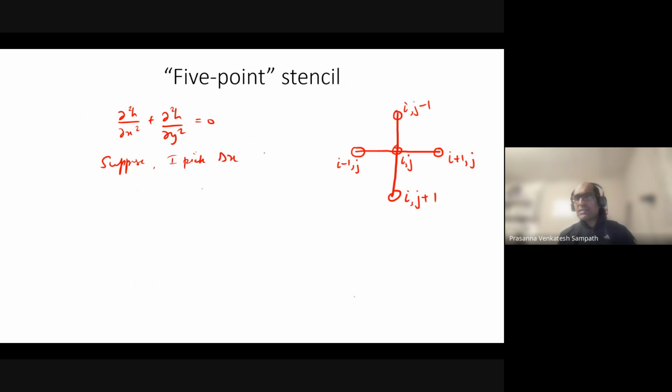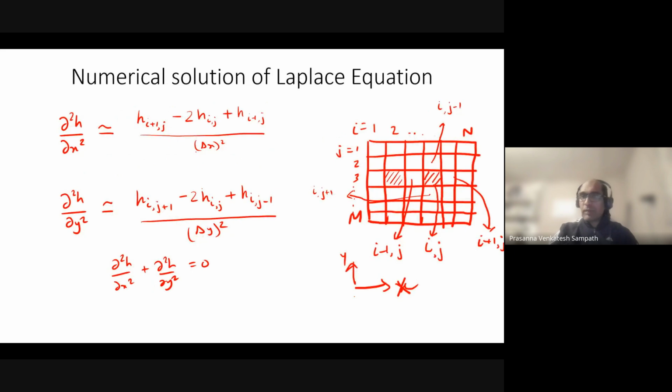Okay, suppose I pick delta x such that it is equal to delta y. I can do that, right? I have the domain. I can break it up into n number of boxes in the x direction and m number of boxes in the y direction in such a way that I can pick the numbers n and m. Remember, let's go back here.